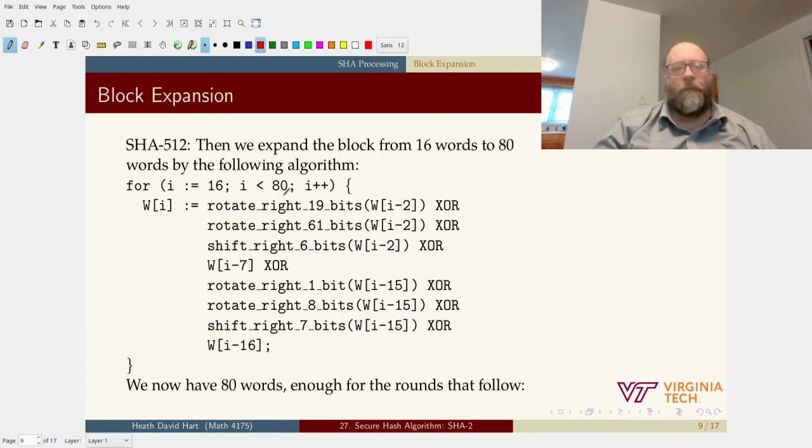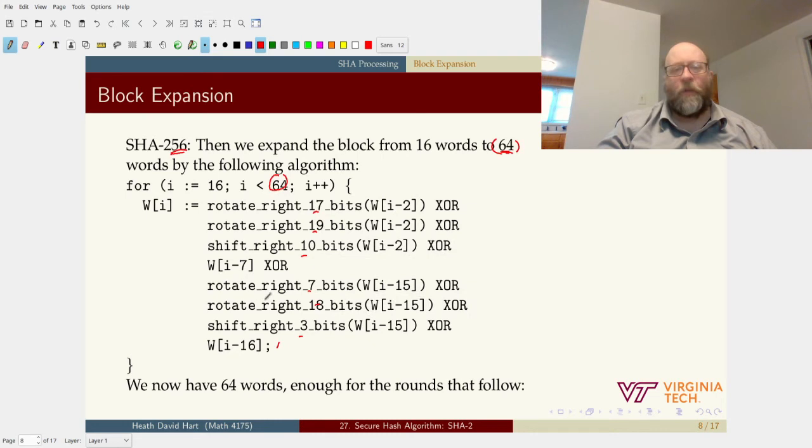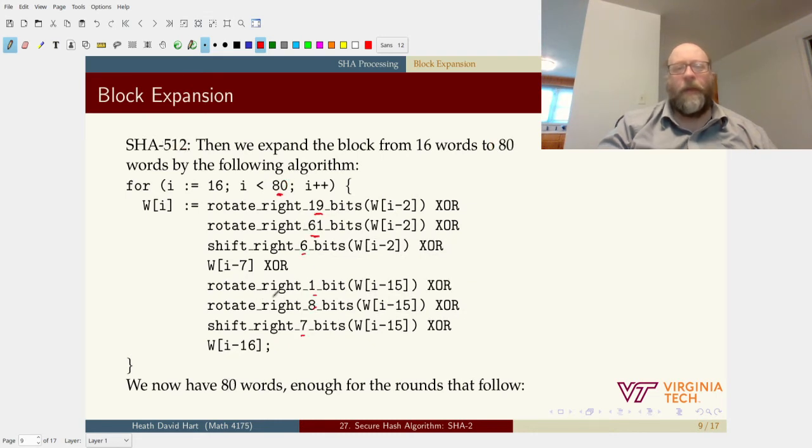So this number's changed, this number's changed. These numbers are different, but this is structurally the same thing as what we did here. So 256 and 512 are very similar in what they do for block expansion.